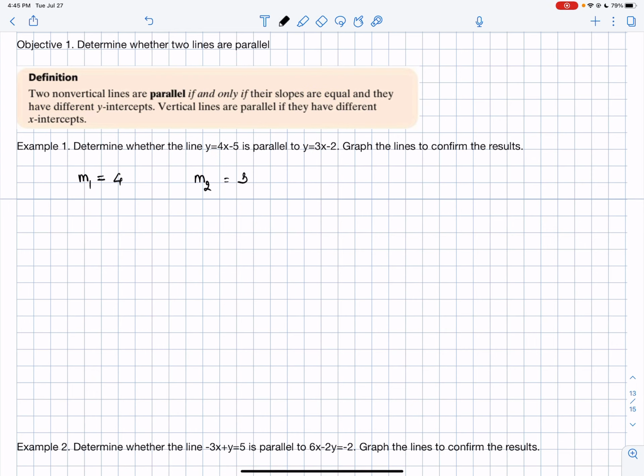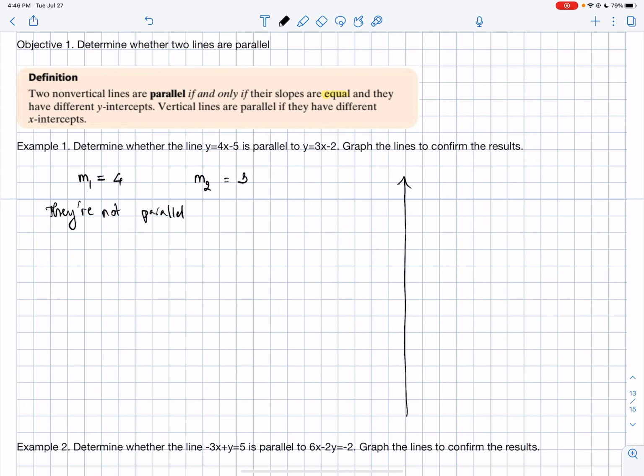We see that m1 and m2 are not equal. They are not the same. They have to be equal, so we can conclude that they are not parallel.